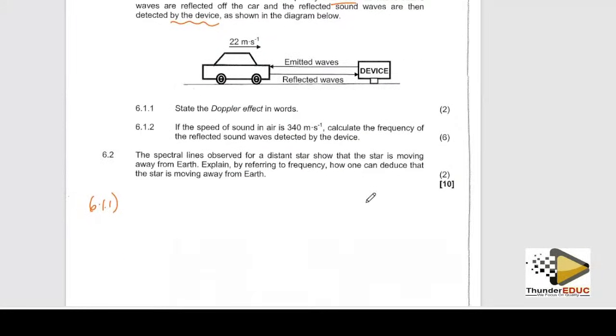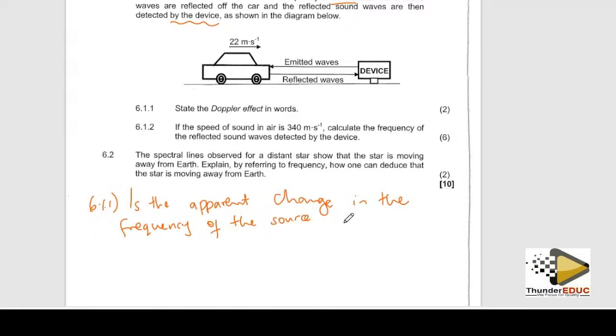The Doppler effect is the apparent change within the frequency of the source when there is relative motion between the source and the observer.